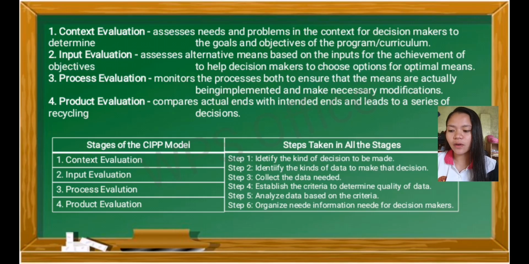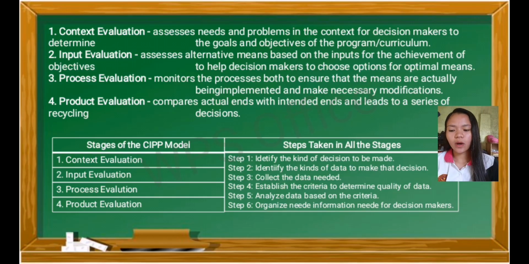Process evaluation monitors the processes both to ensure that the means are actually being implemented and to make necessary modifications. It is a framework for program evaluation that assesses a program's context, input, process, and products.